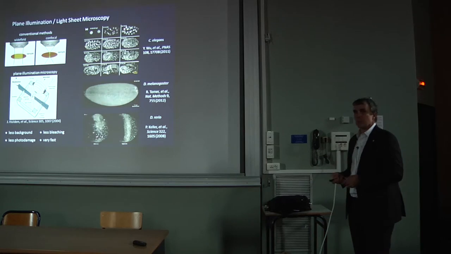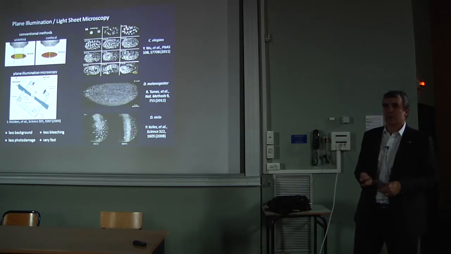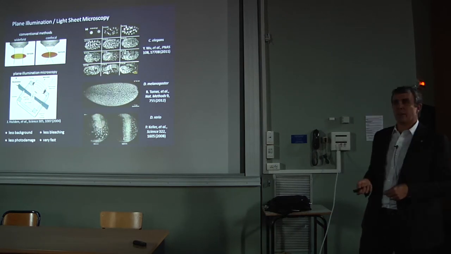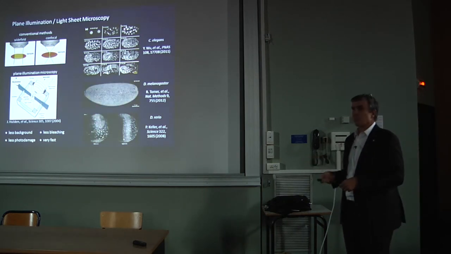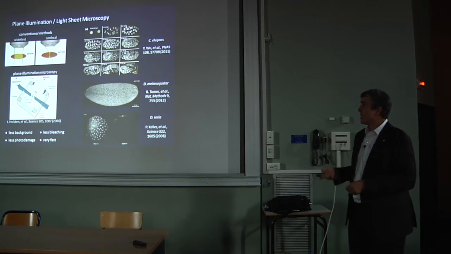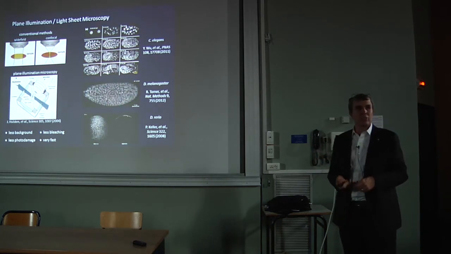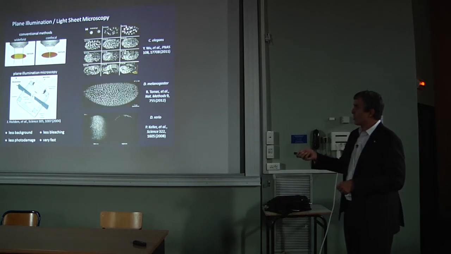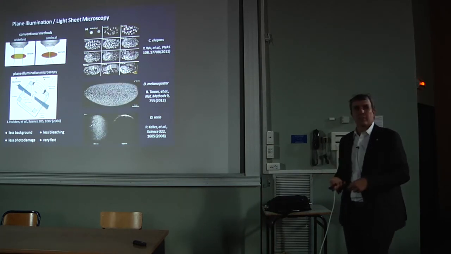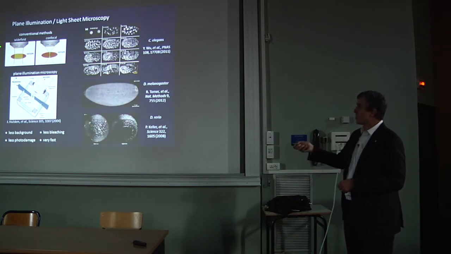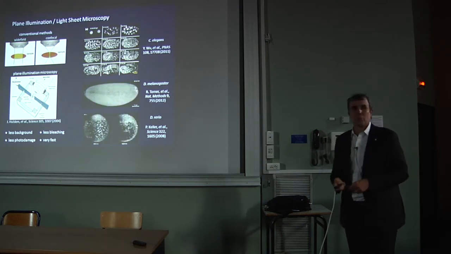In my opinion, one of the most important developments in microscopy in the last decade was when Ernst Stelzer at the EMBL reintroduced the 100-year-old idea of plane illumination. In this case, instead of bringing the excitation down through the same objective you collect with, you put a second lens at 90 degrees to the detection objective, in this case a cylindrical lens, and that creates a sheet of light which you then place coincident with the focal point.